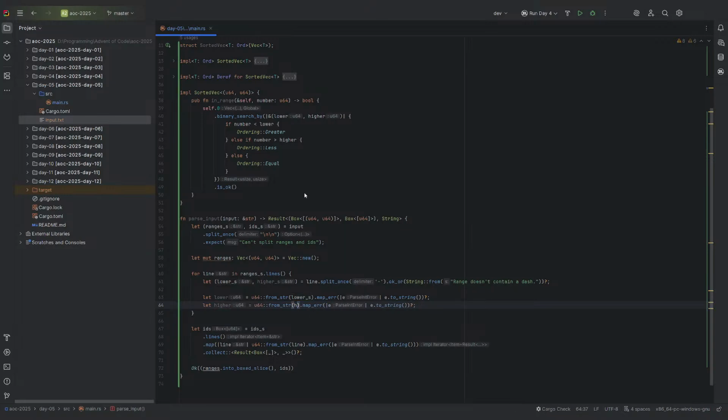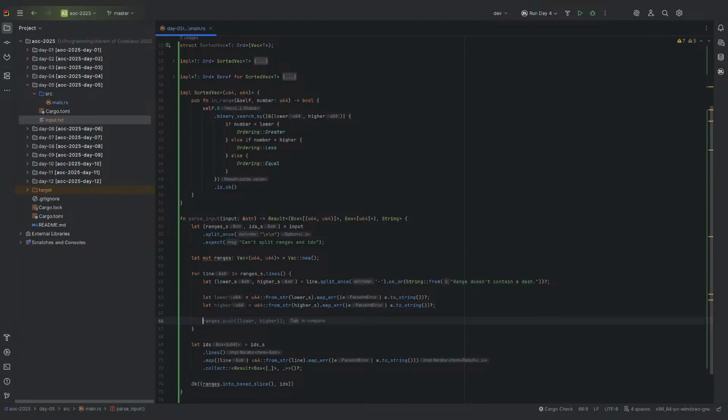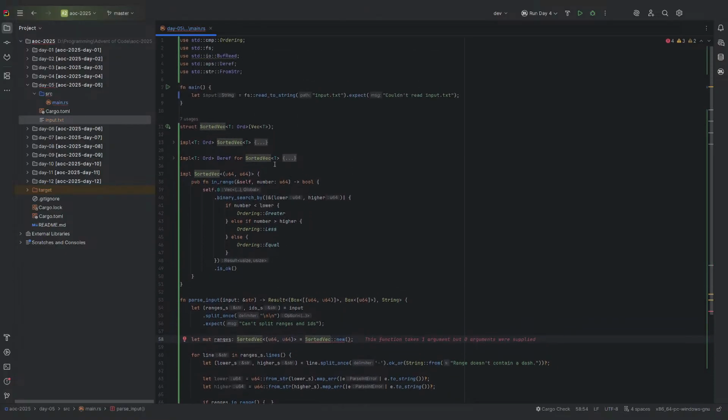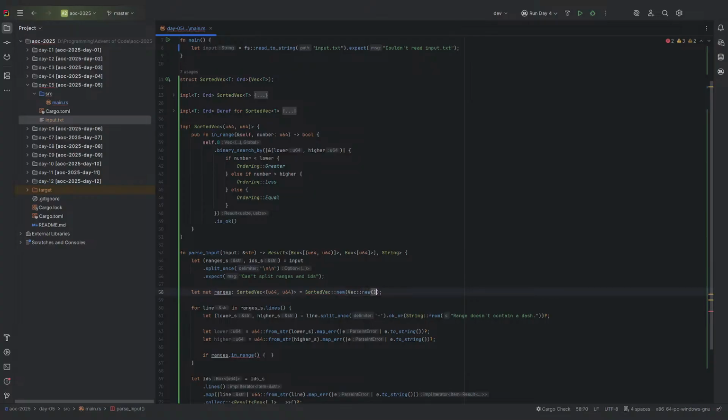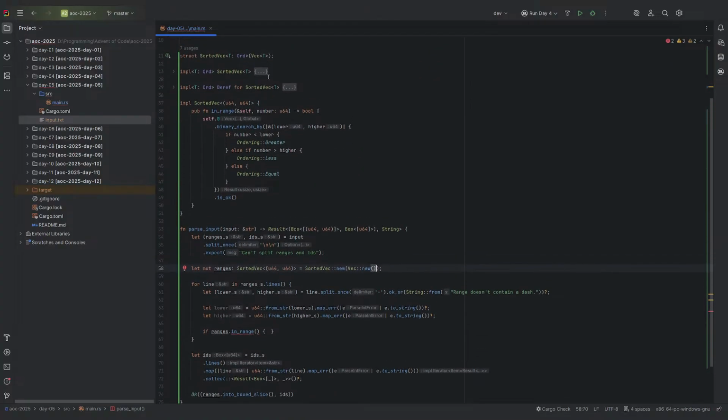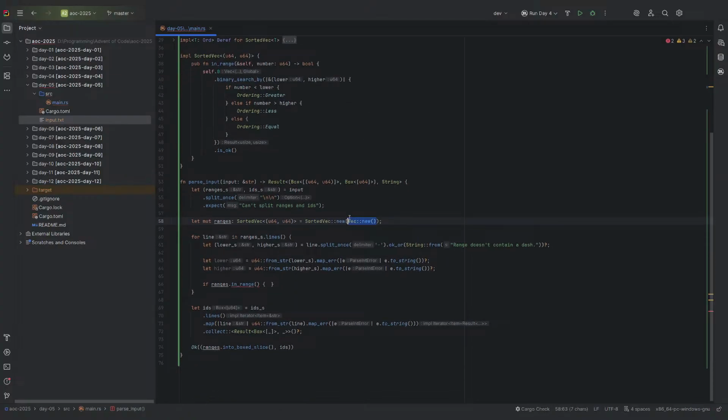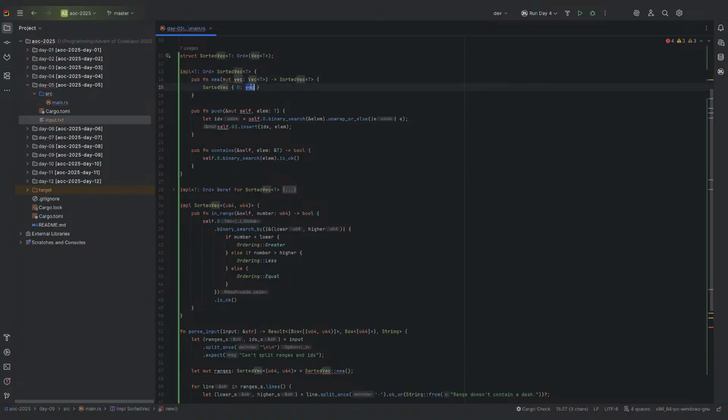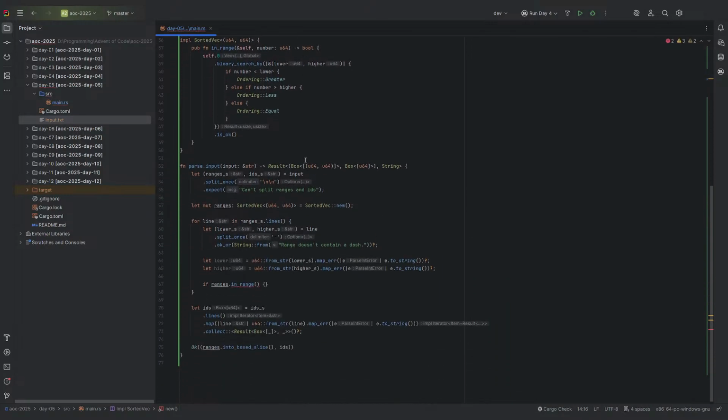The same for higher range. Now I should be able to do something like... actually, this method should probably just be... that's better.